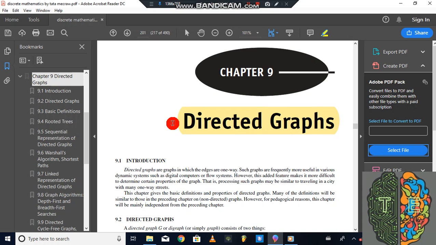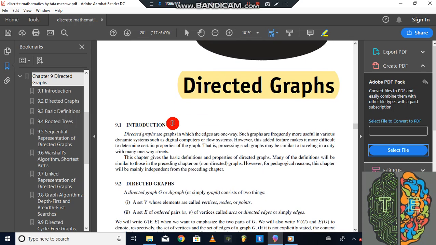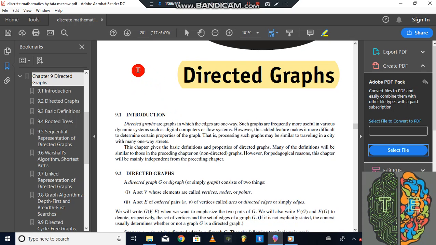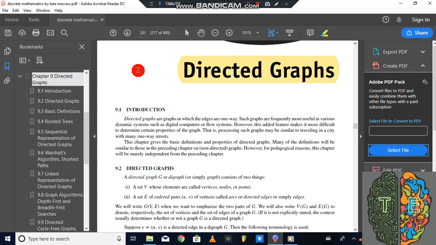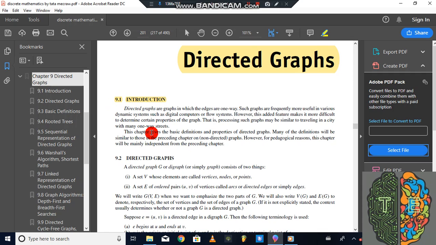Directed graphs are graphs in which the edges are one way. Such graphs are frequently more useful in various dynamic systems such as digital computers or flow systems. However, these added features make it more difficult to determine certain properties of the graph.